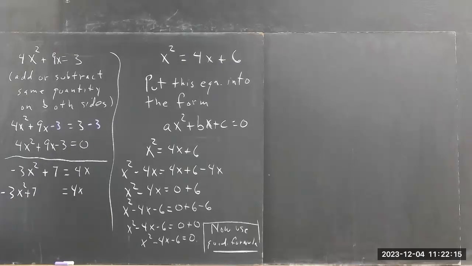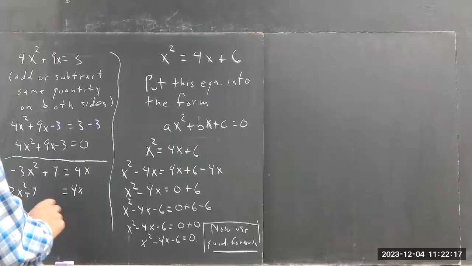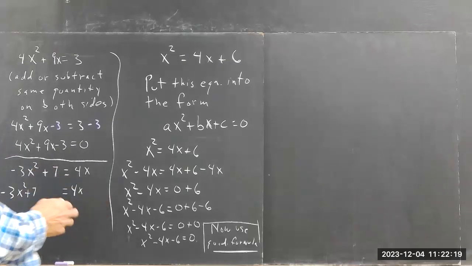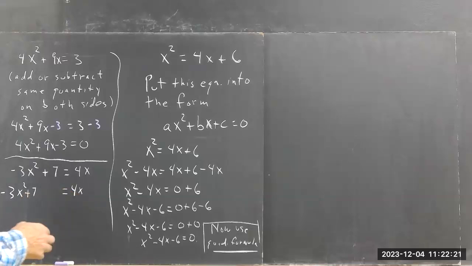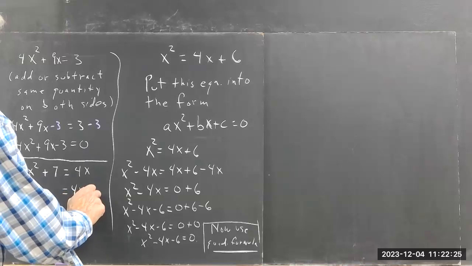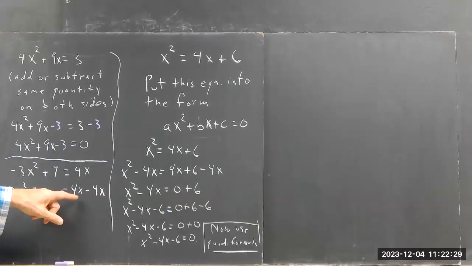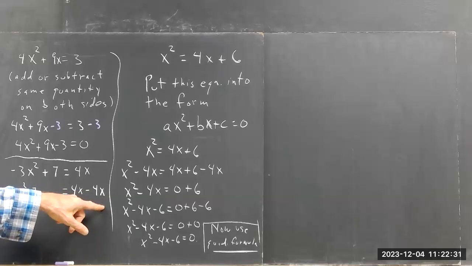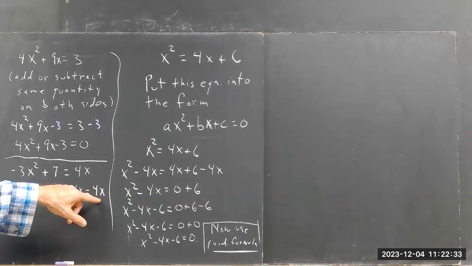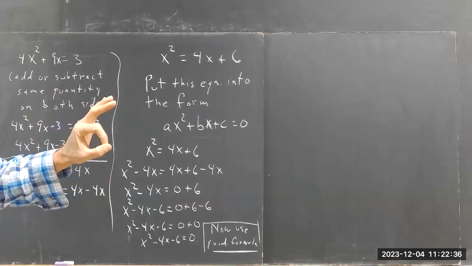What are we going to do to both sides? Well, you might think we have to do something with that x, but it's simpler than that. We've got 4x, so if we subtract 4x, we have something minus itself, and when something is subtracted from itself, you get 0.